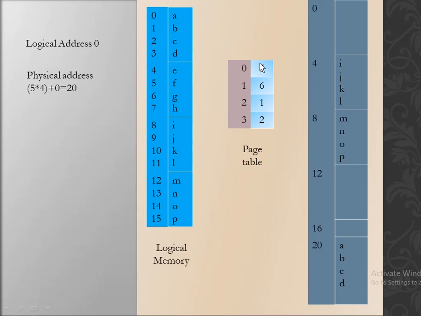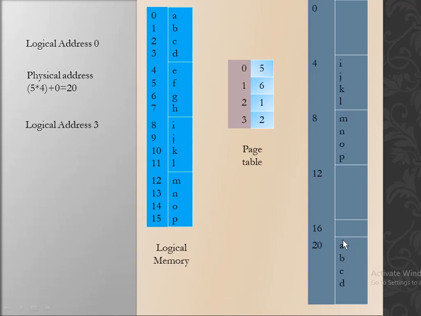For that reason, 5 into 4 bytes plus this value, 0, so it is the value 20. So where is 20? 20 here. Yes, you can identify A here. In a similar way, take another example.